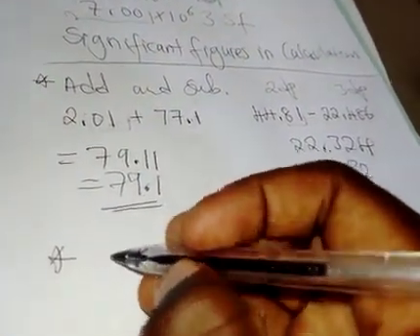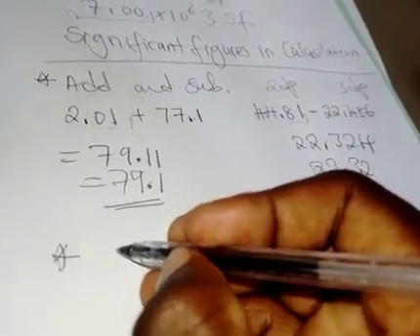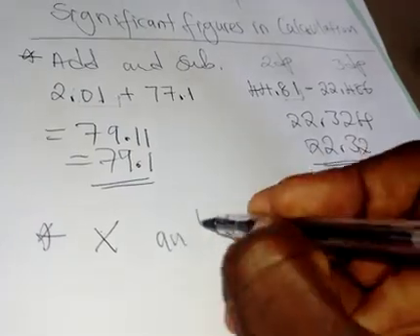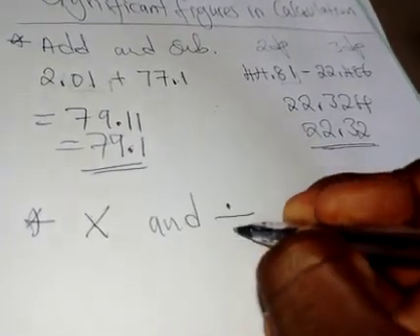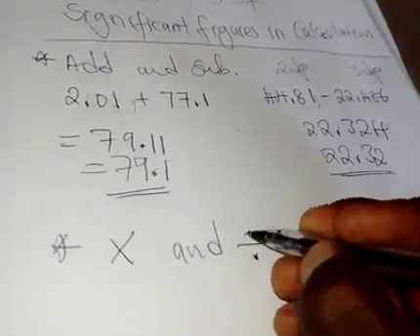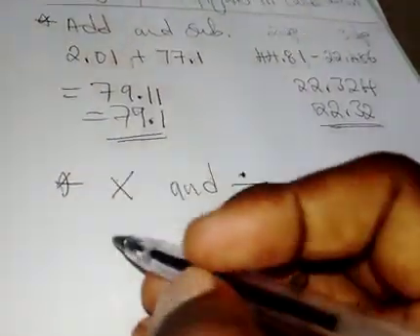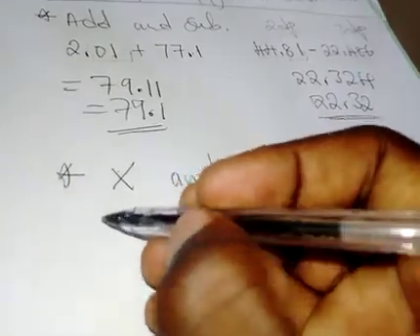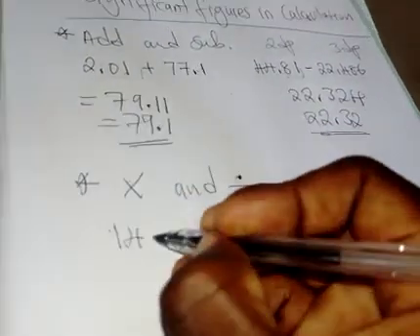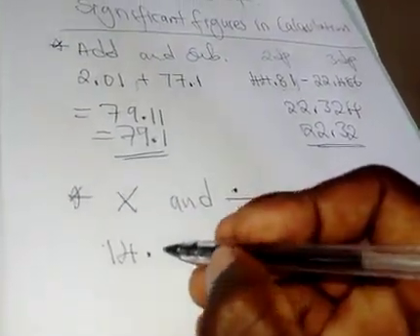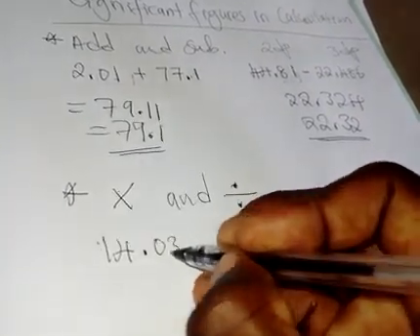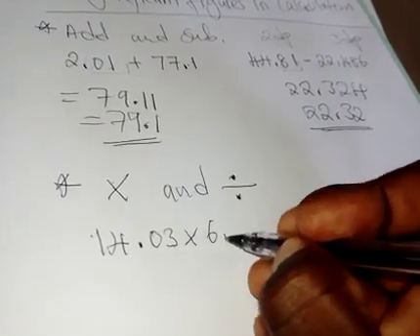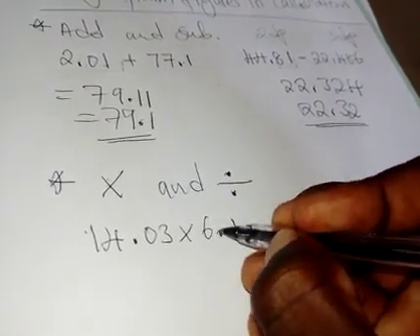Then what about multiplication and division, how does it work? Okay, so let's say we are multiplying 14.03 multiplied by 6.1.